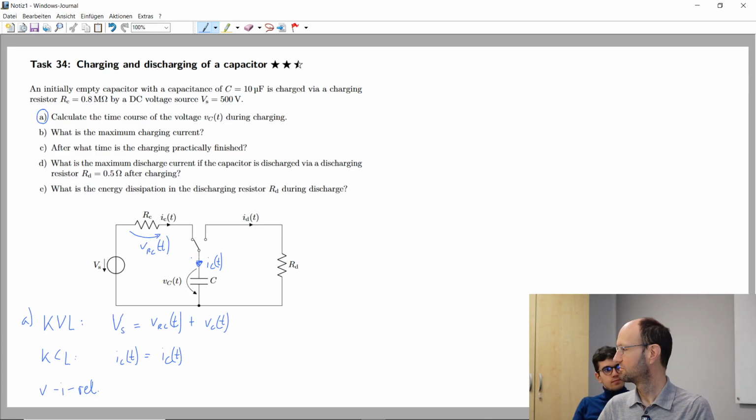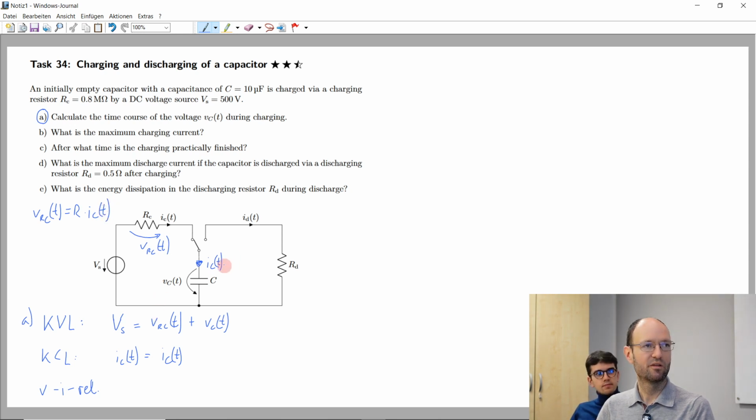So for the resistor, it's V equals R times I. For the resistor, we just use Ohm's law, so the voltage is resistance times current.